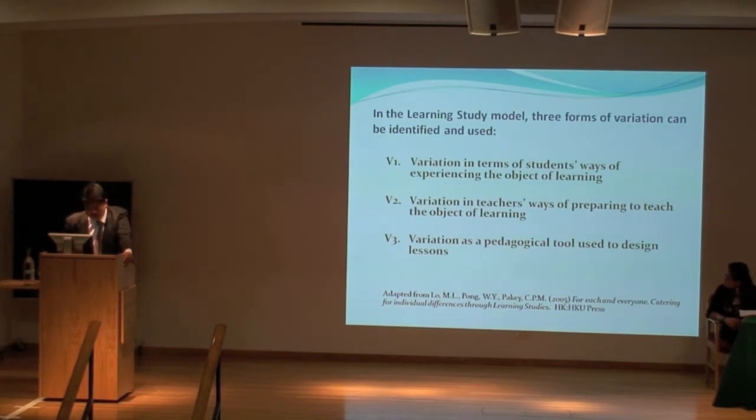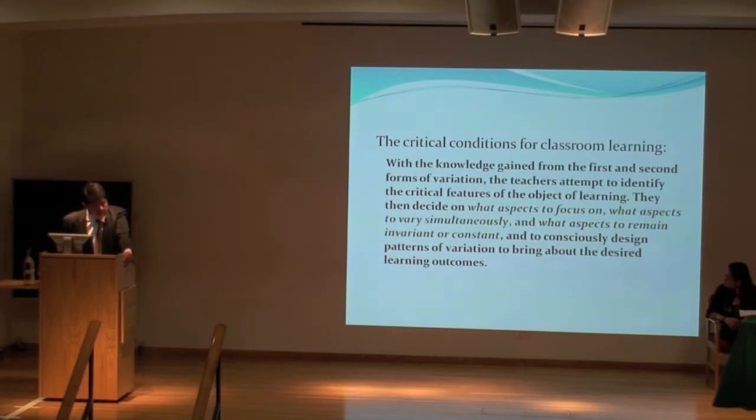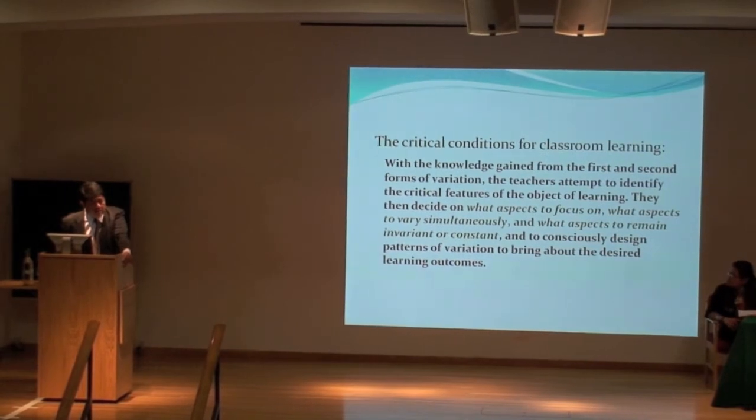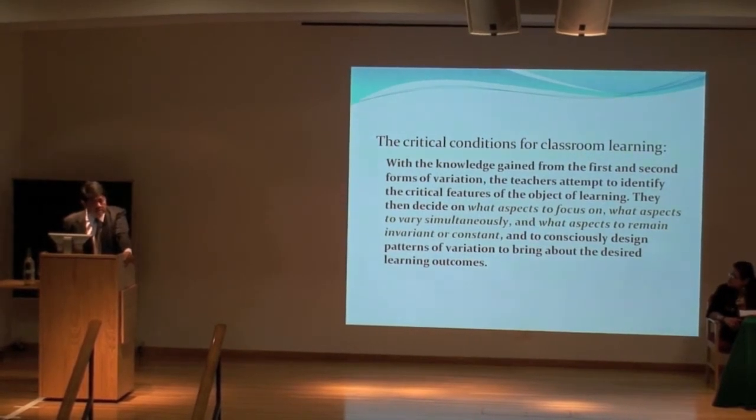The thing I want to focus on here is that we identify the critical aspects of objects of learning, and then we systematically vary one aspect, holding other aspects constant. Every time we vary one aspect, students have the opportunity to discern the aspect that is varied.